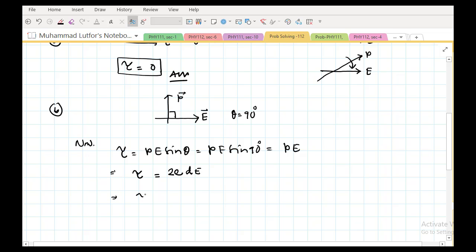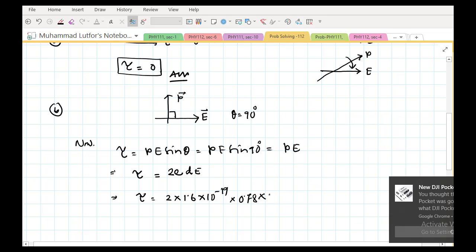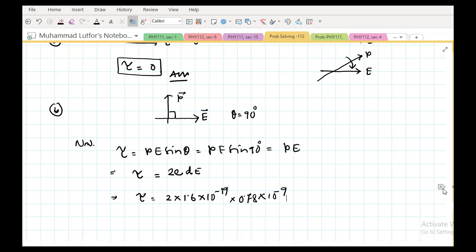So I write down 2, the magnitude of the charge 1.6 into 10 to the minus 19, into D which is 0.78 nanometer, into 10 to the power minus 9, into the electric field strength, which is 3.4 into 10 to the power 6.